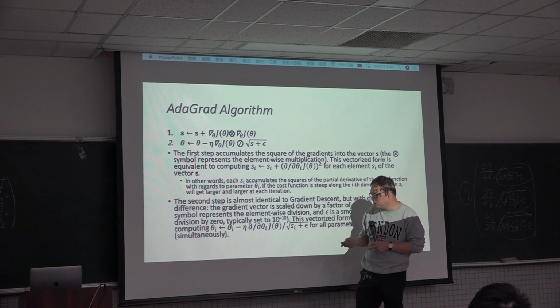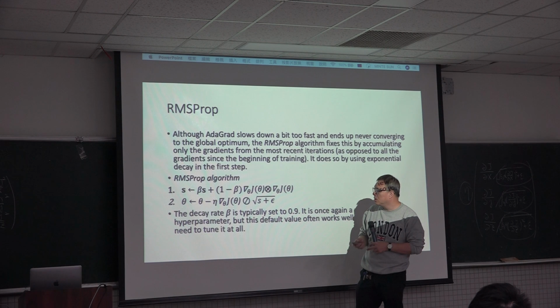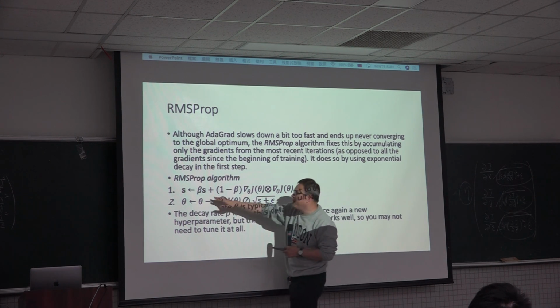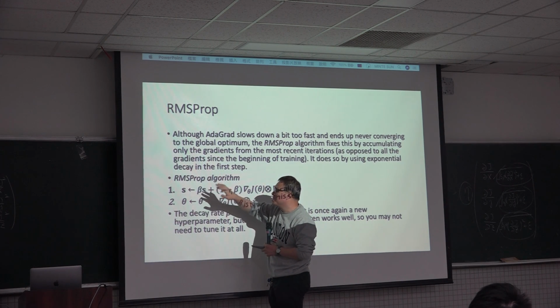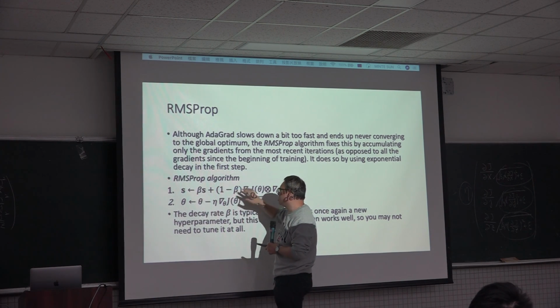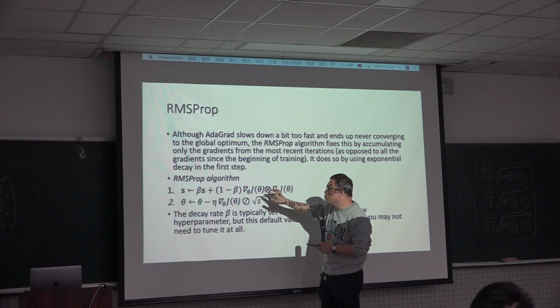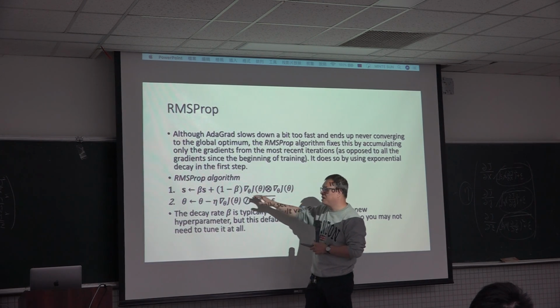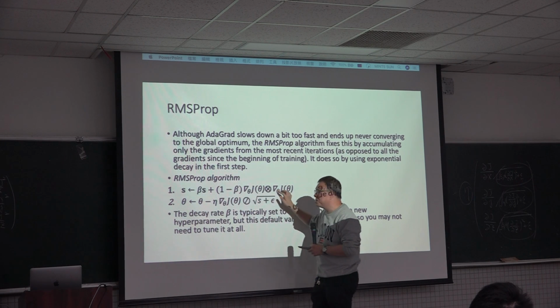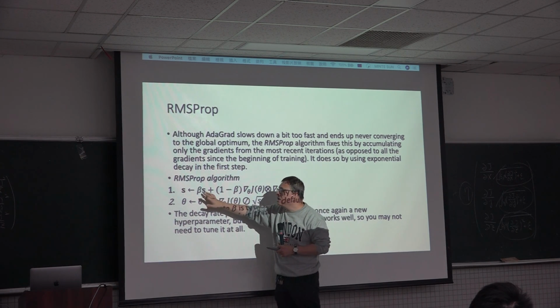But now we use this beta to control how much emphasis is put on the previous S and how much on the newly coming value. That becomes a kind of average of these two.